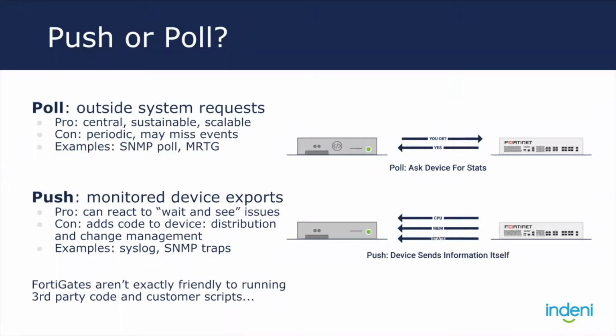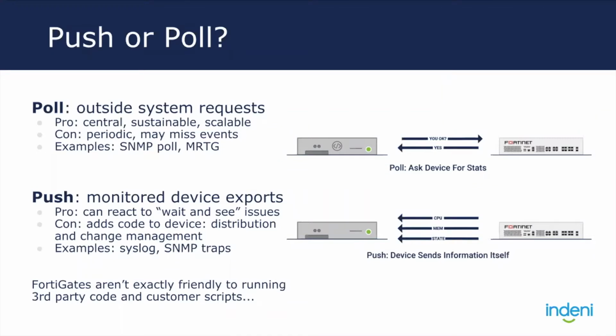And then the push paradigm is the opposite one, where the devices being monitored are the ones that send their help, help, I'm in trouble messages out. While this seems a little more efficient, if a device only asks for help when it's actually in trouble, well, that means that there's fewer packets.